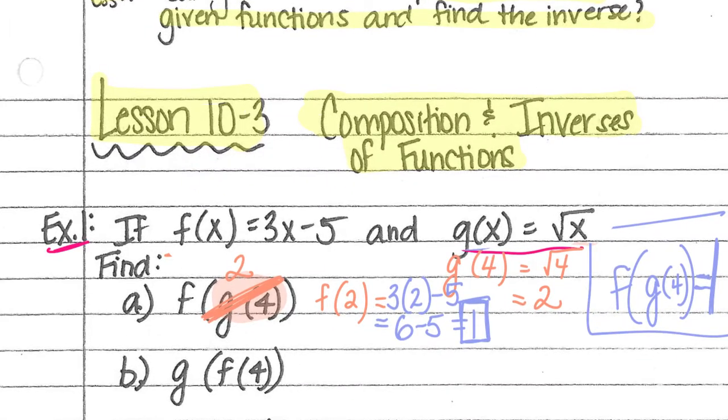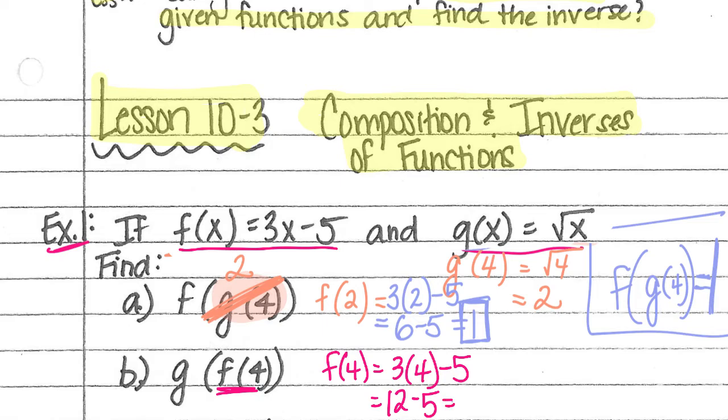So let's look at g of f of 4. Like last time, I'm going to start with the inside. I'm just going to find f of 4. F of 4 is, instead of putting in x, I'm putting in the number 4. And 12 minus 5 is 7.